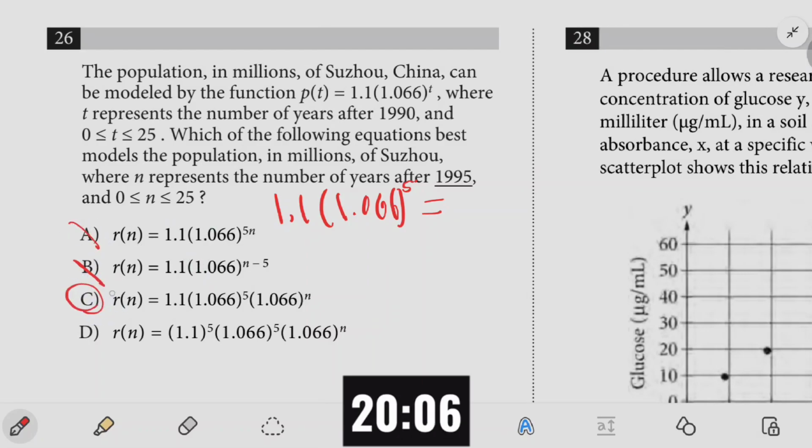It would probably be this one, because if it's on 1995, then it's 0 but in 5, and every year after it's just more multiplication by it. So in 1986 it's 5 plus 1, and then etc, etc.